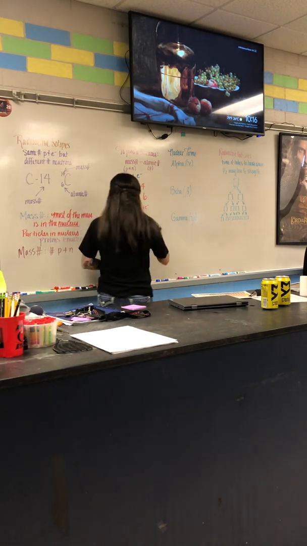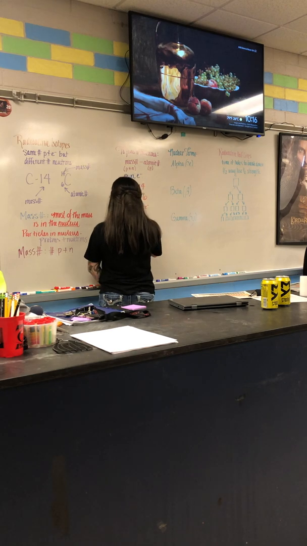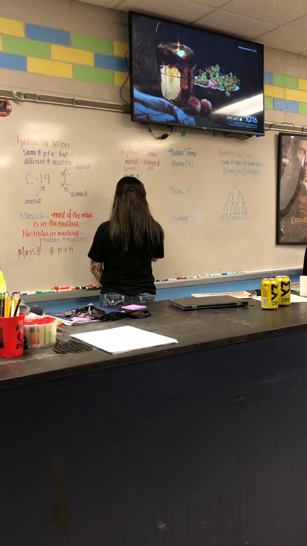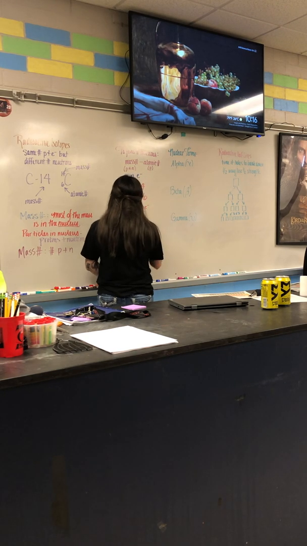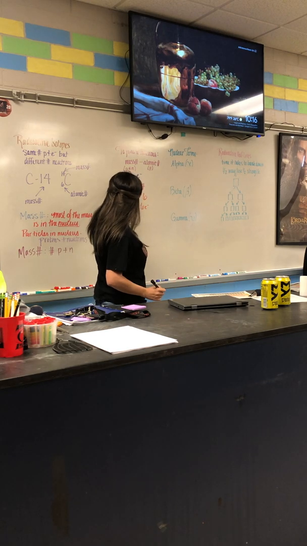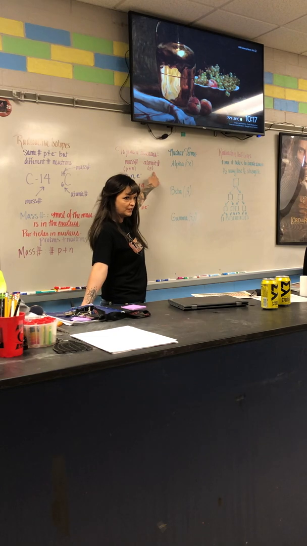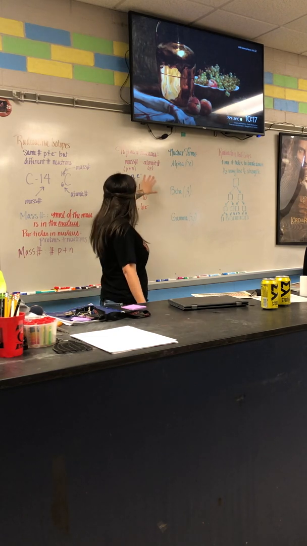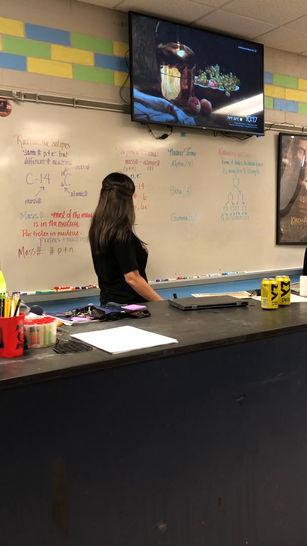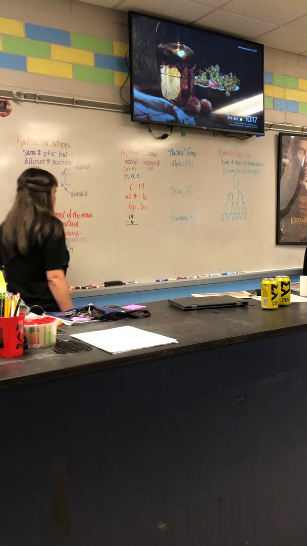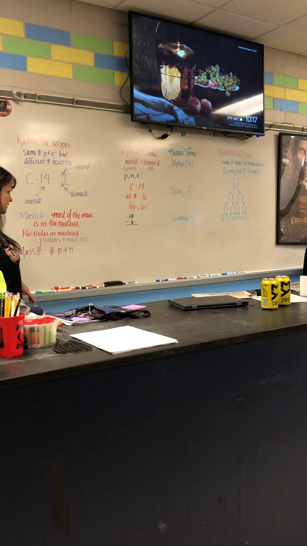To find the number of neutrons, we're going to take the mass number and subtract away the atomic number. Mass number is the number of protons and neutrons. Atomic number is the number of protons, and that's also how many electrons it has since it's neutral. So basically, we're just subtracting off protons, and it's leaving us with neutrons. 14 minus 6 is 8.